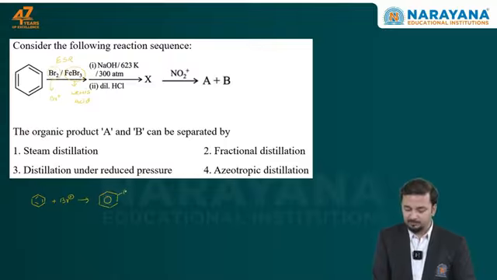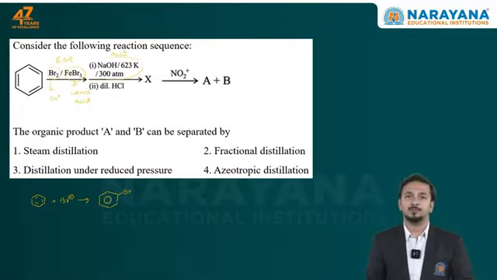This is first. Now this bromobenzene is treated with NaOH at 623 Kelvin and 300 atm pressure. This is the ArSN2 reaction, aromatic bimolecular nucleophilic substitution reaction.